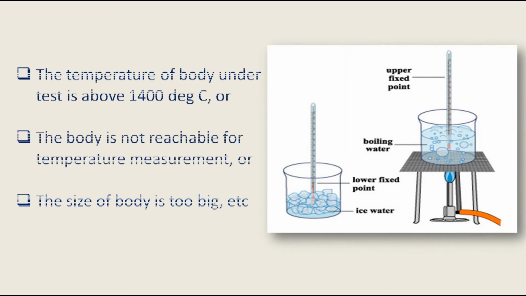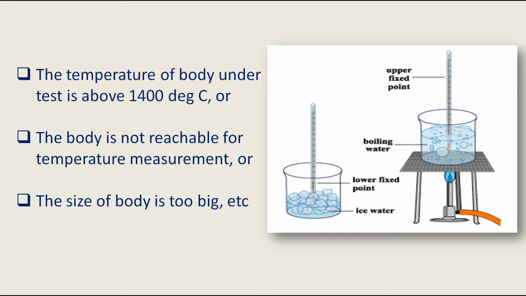First, let's try to understand the background of thermography. All temperature measurements need physical contact between the thermometer system and the body or the equipment under test. Now consider the following situations.